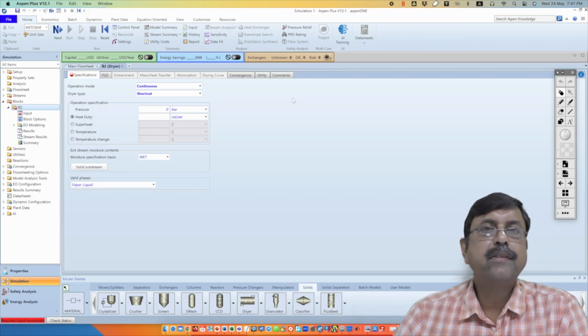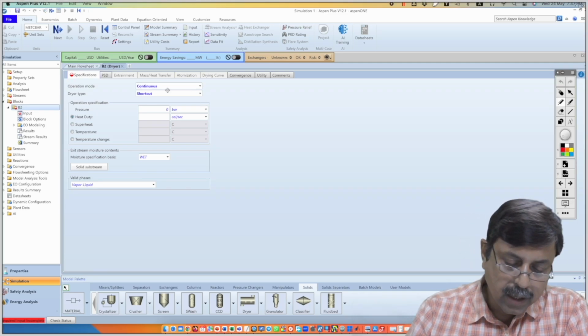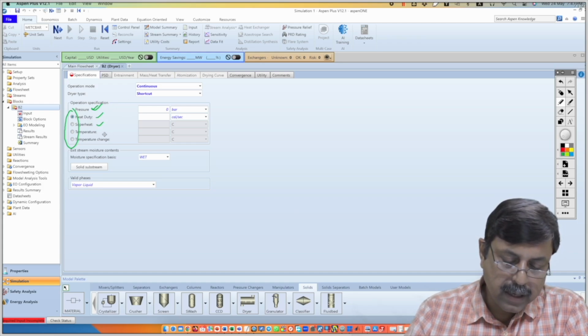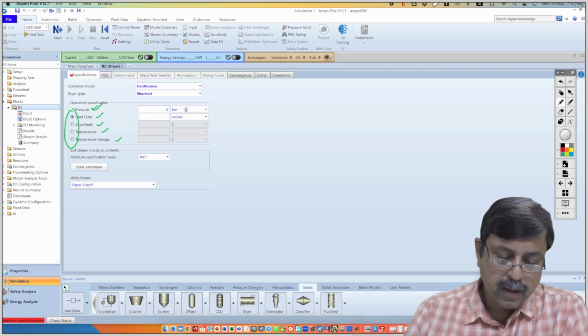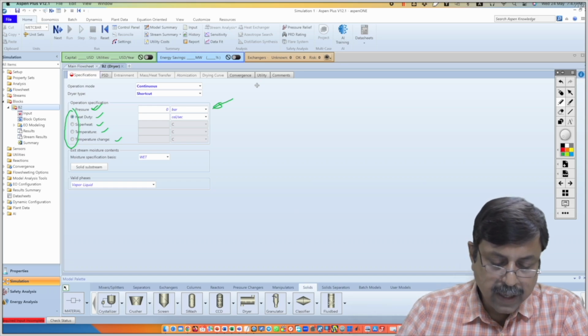Now let us first discuss the continuous shortcut method calculation. Here you will find that you have to specify the pressure and one of these 4. Either you have to specify the heat duty or superheat or temperature change. Pressure is the mandatory parameter that you have to feed in.